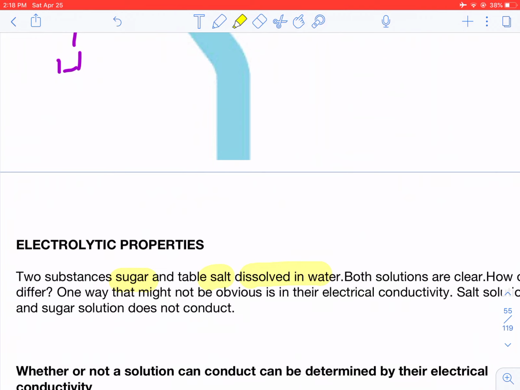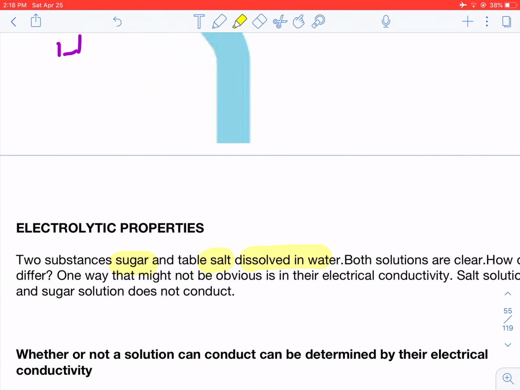When they both dissolve in water, we get clear solutions. Just looking at it from a macroscopic viewpoint, we will not be able to differentiate which is a salt solution and which is a sugar solution. We wouldn't be able to do that unless we conduct further experiments.